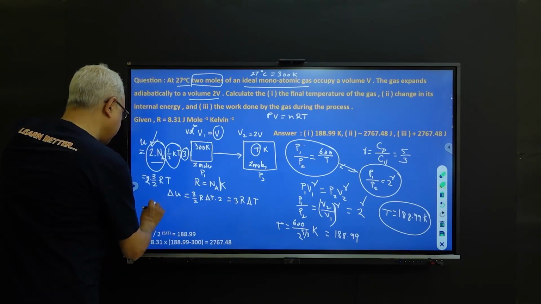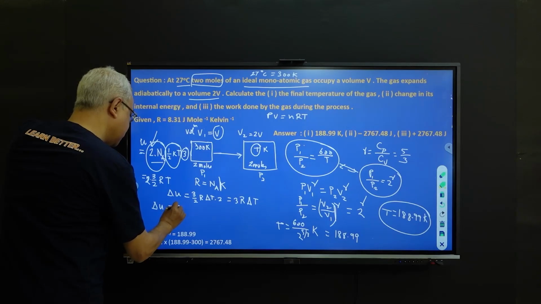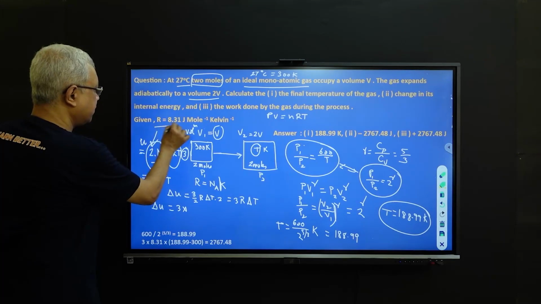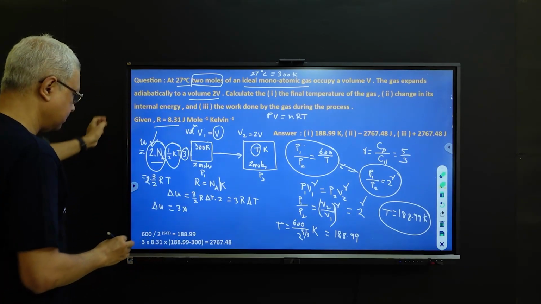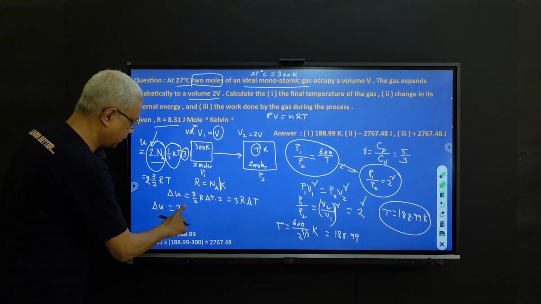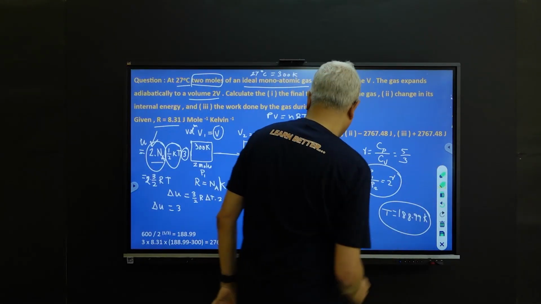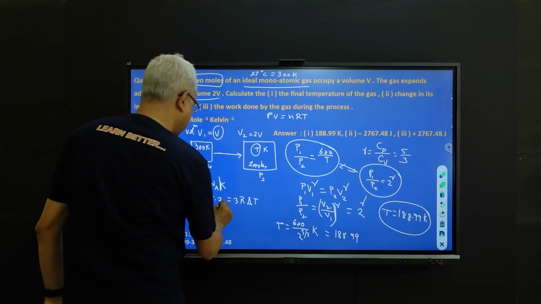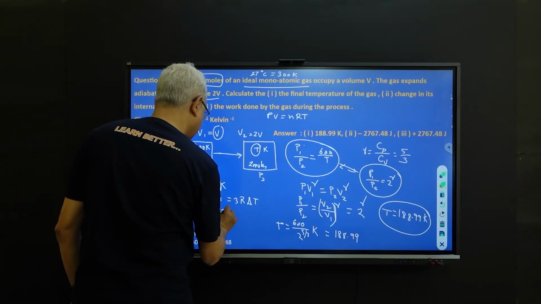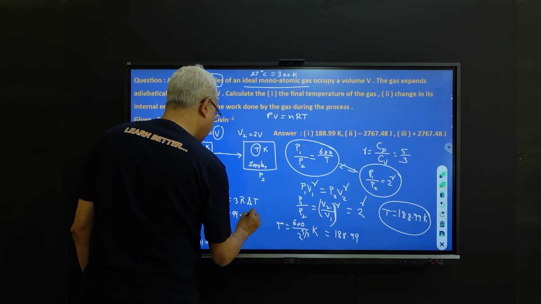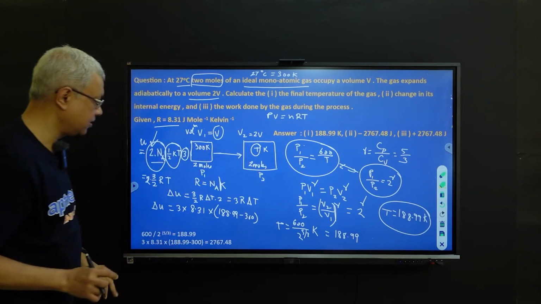So delta U, the change in internal energy, is 3 into the R value, which is given as 8.31 joule per mole Kelvin, multiplied by delta T, which is T minus 300 Kelvin.